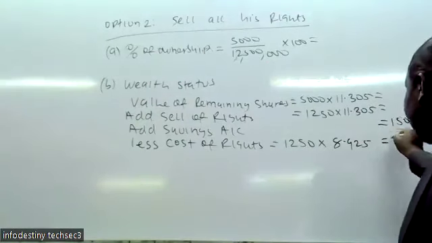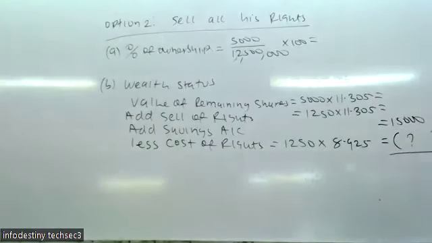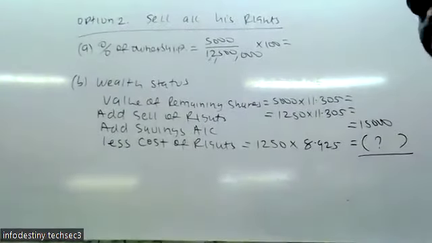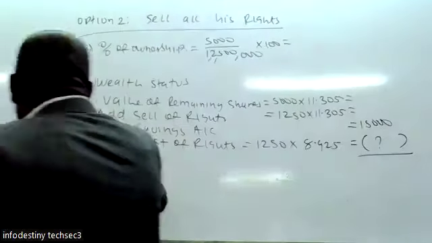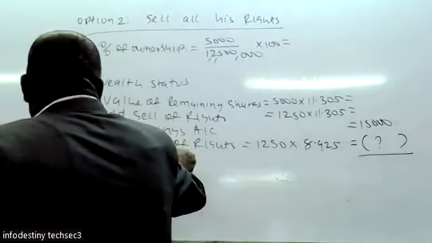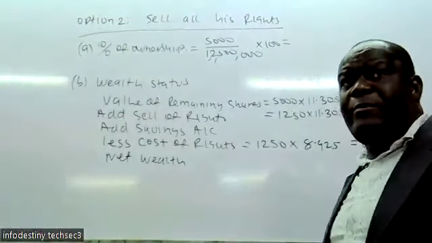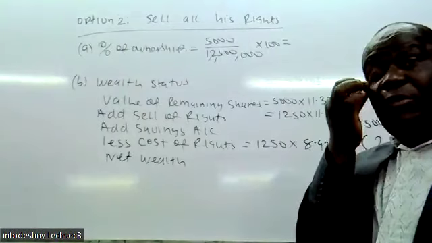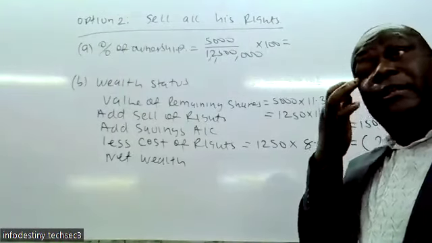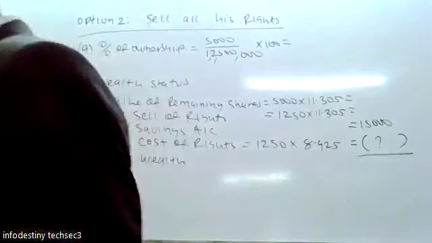This one, I say you subtract, so that you come up with the net wealth. When you compare that figure with the one before the right issue, it has not changed. It has remained the same.